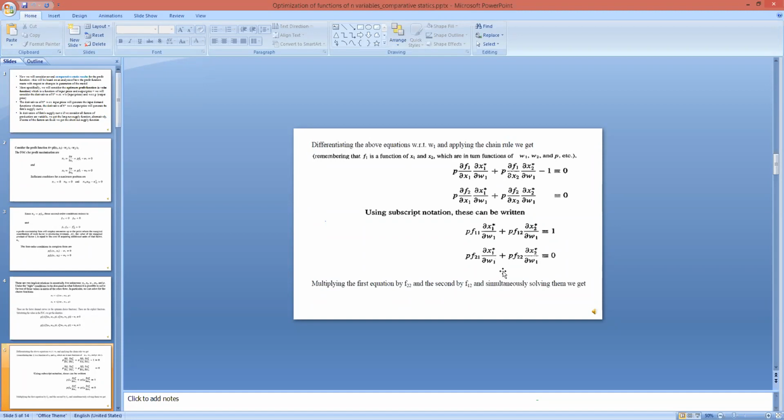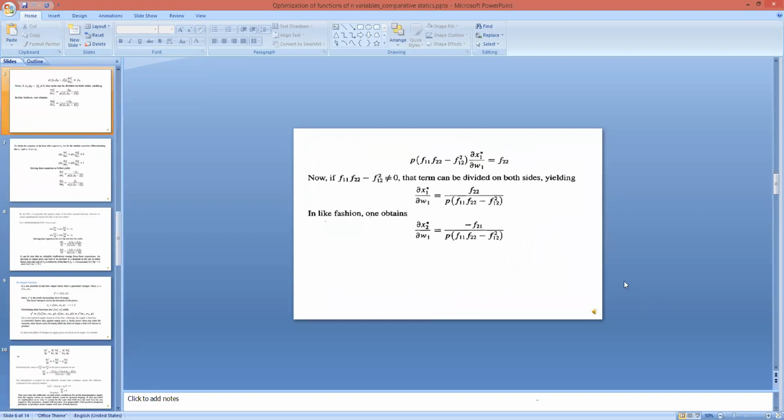You can use Cramer's rule or you can solve any way. Here, multiplying the first equation by F22 and the second equation by F12 and simultaneously solving the equations, we get this format. If you do it on your own, you will get this expression.